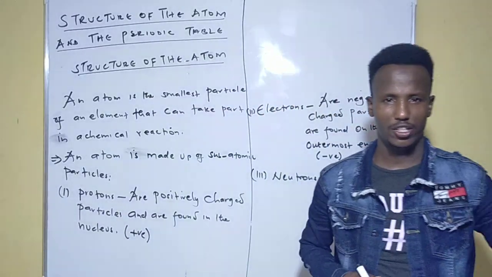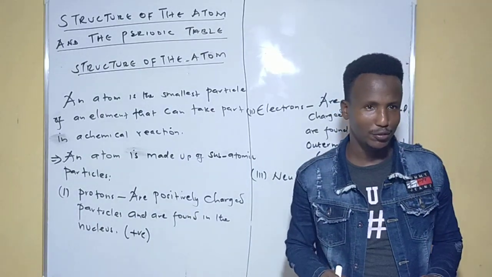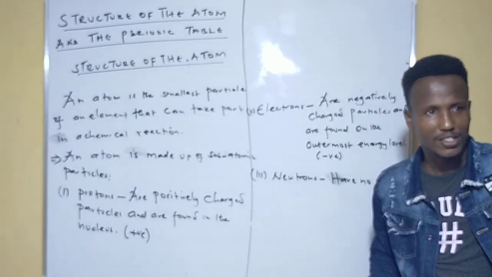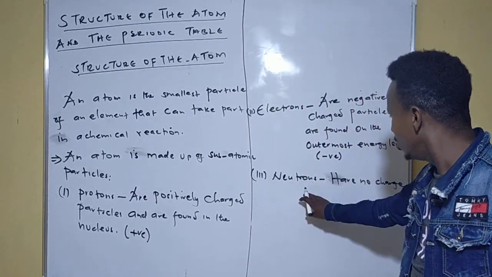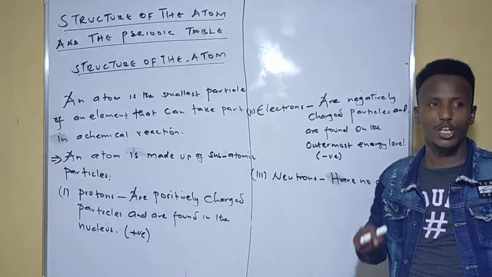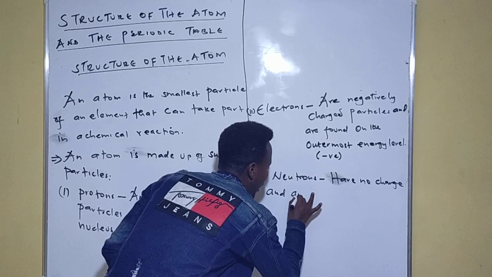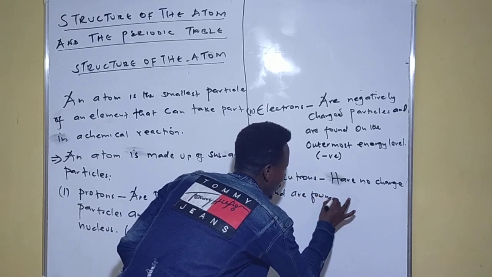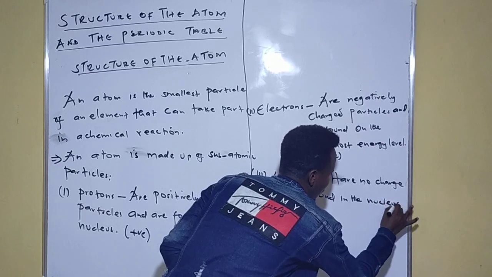They don't have any charge, so they have a zero value. Just understand. And these neutrons are also found in the nucleus, have no charge, and are found in the nucleus. Period.